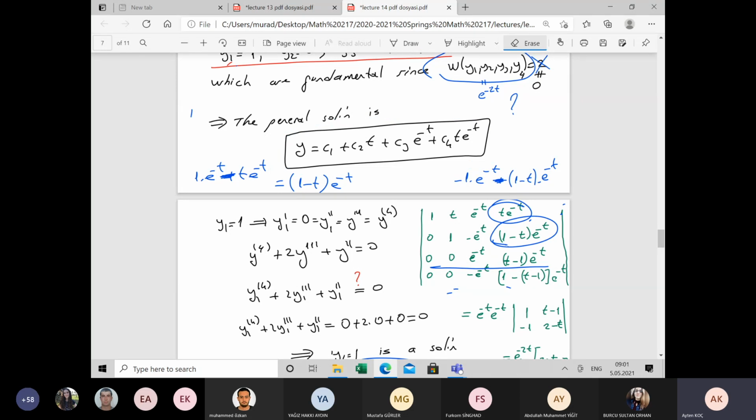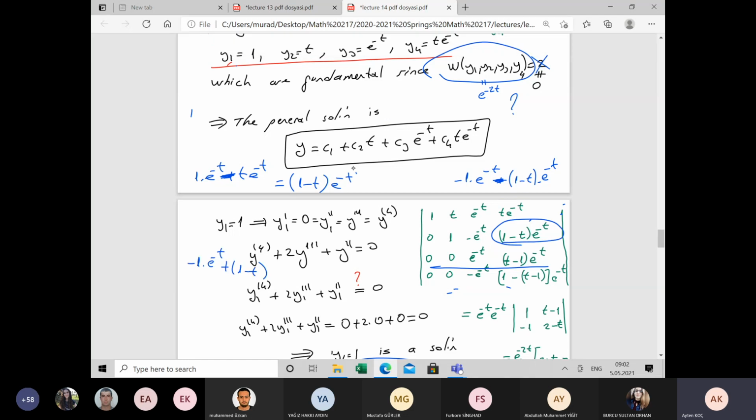And I take the derivative again with respect to t: minus 1 times e to the minus t plus 1 minus t, and the derivative of this one, minus e to the minus t, and minus e to the minus t, and minus plus t e to the minus t. And this one, yes, minus 2 plus t e to the minus t.